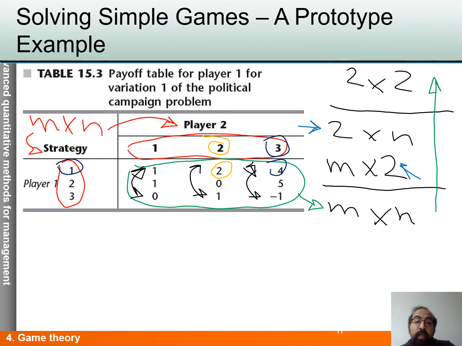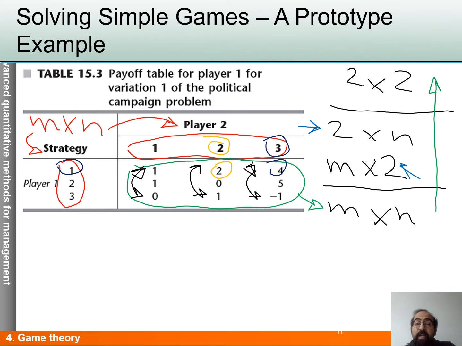the player 1 wins nothing. By selecting strategy 1, if player 2 selects strategy 2, player 1 wins 2 units, while by selecting strategy 3 by player 1 and strategy 2 by player 2, it wins only 1 unit. So again, strategy 1 gives him a better benefit.